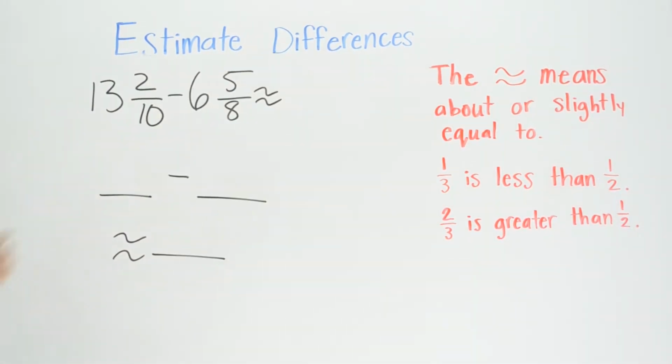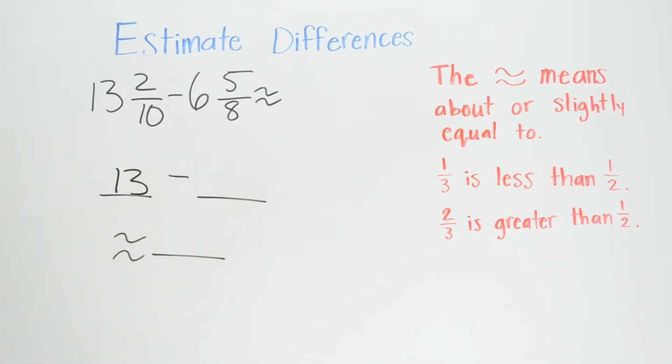In this example, we have 13 and 2/10 minus 6 and 5/8. We're going to start with the first number. We know that half of 10 is 5, and 2 is lower than 5, so we're just going to leave 13 as is. We're not going to round up or down.